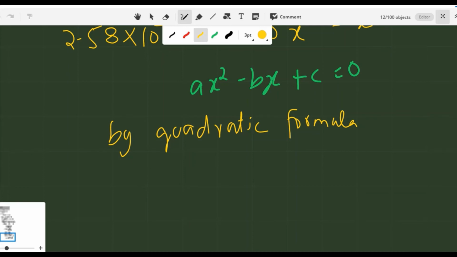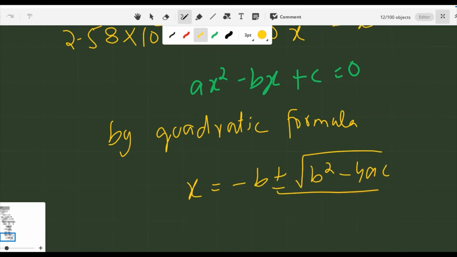Just give me 1 minute. x is equal to negative b plus minus the square root of b squared minus 4ac, divided by 2a.